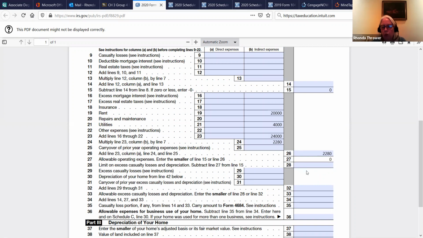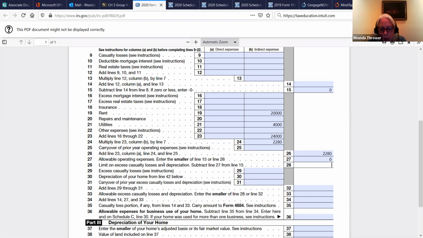So what they're saying to you is you can't take this as this year's expenses for home office. It amounted to 0, but you can take that and add it to next year's items to see if you will be able to take a home office deduction for this.